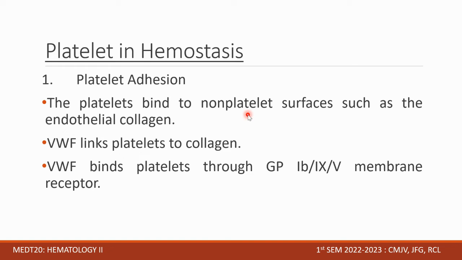Again, the von Willebrand factor links the platelets to the collagen. So the von Willebrand factor is like glue, which is why platelets stick to collagen. The von Willebrand factor binds the platelets through the GP1B-IX membrane receptor. So take note of this one.